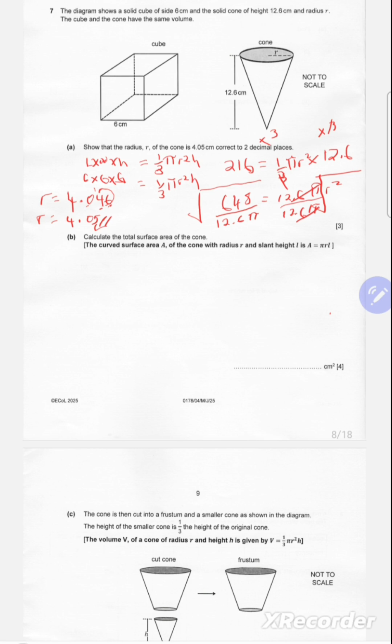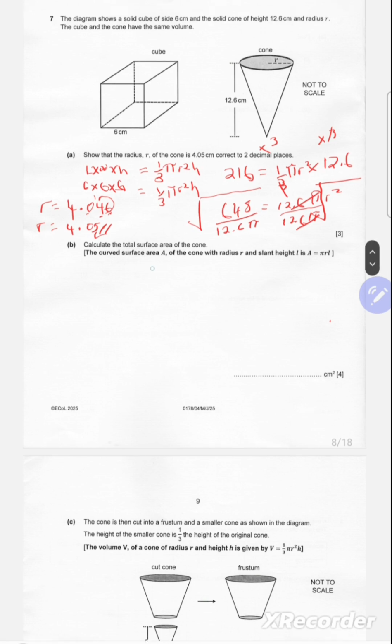Now we are to calculate the total surface area of the cone. The curved surface area A of a cone with radius r and slant height L is A equals pi r L. To calculate the entire surface area of a cone, we add the area of the circle and the area of the curved part.